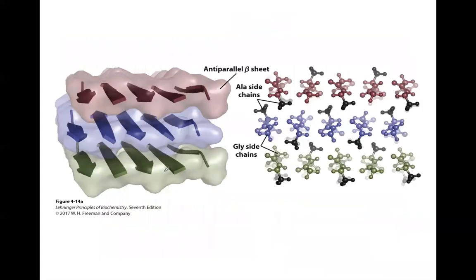And is there anything else I want to say about it? Yeah. One thing to keep in mind is that, remember, I told you that alpha helix can stretch quite a bit. Beta sheets cannot stretch. They're already in a fully extended conformation.